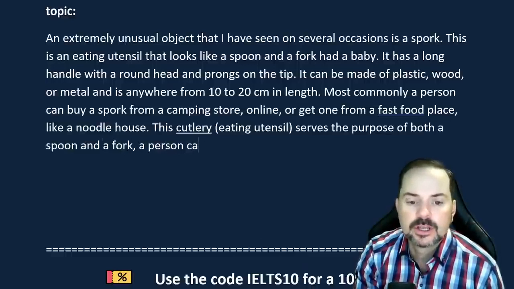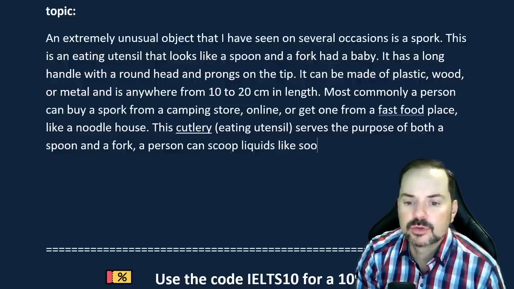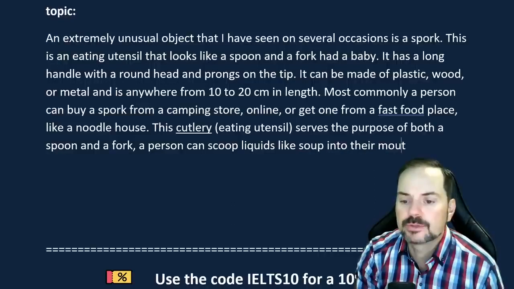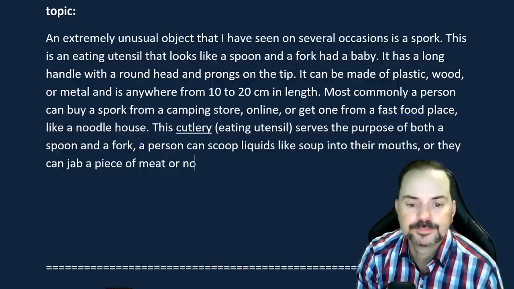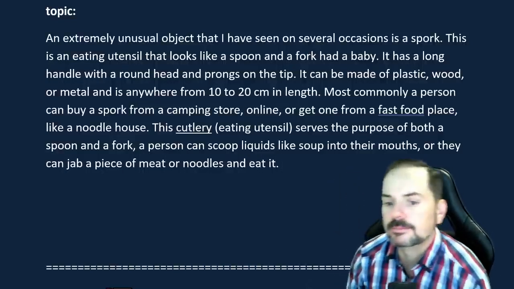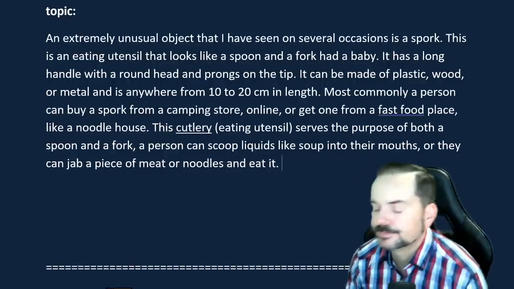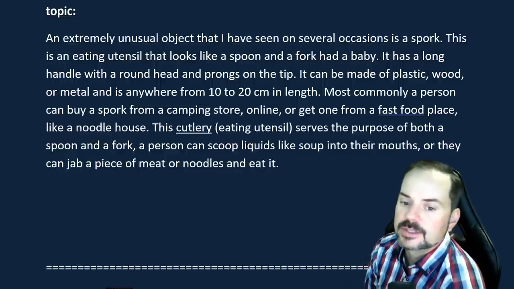A person can scoop liquids like soup into their mouths, or they can jab a piece of meat or noodles and eat it. Okay, all right, so there you go. Right, that's the function, right?